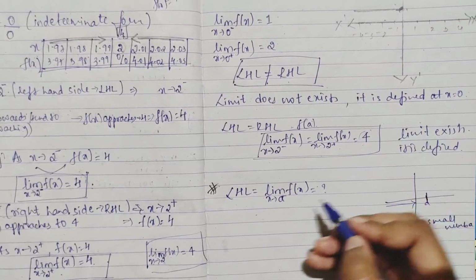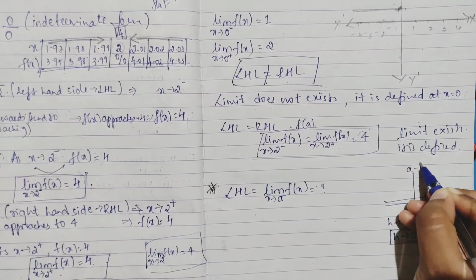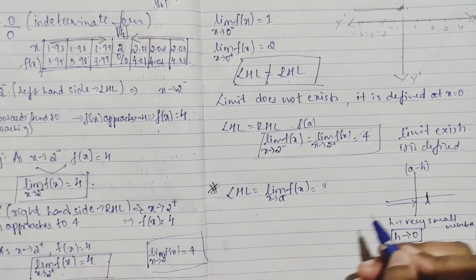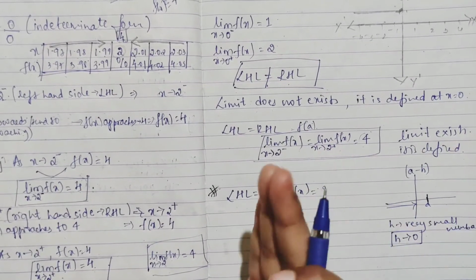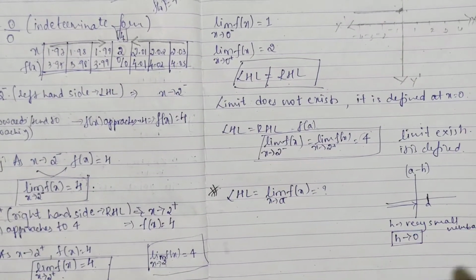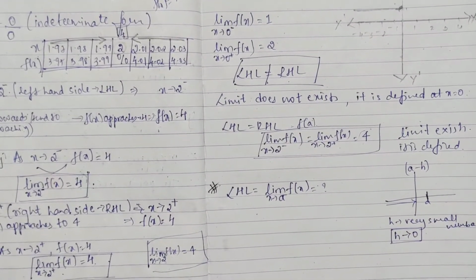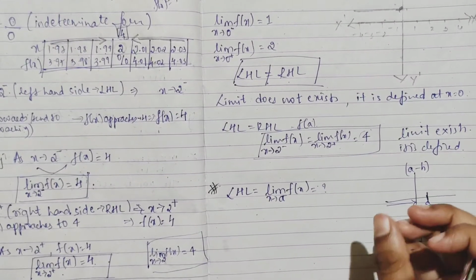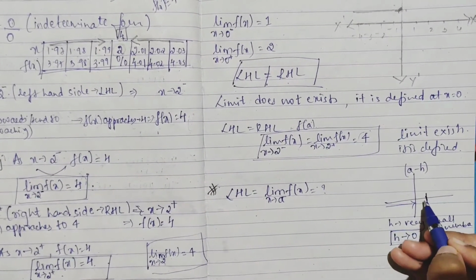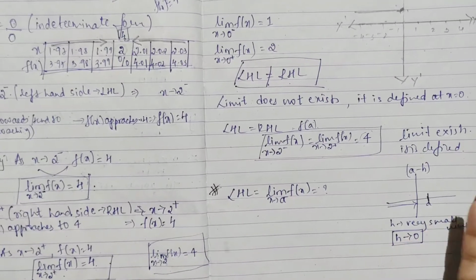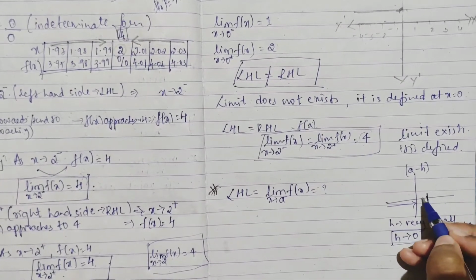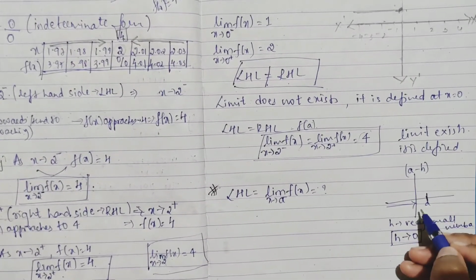So in place of a, we write a minus h. A minus h means you are subtracting a very minute number. Suppose it is 0, then 0 minus 0.01. Consider 0.01. With a minus h, you will get some point before a, and you will be finding the limiting value.